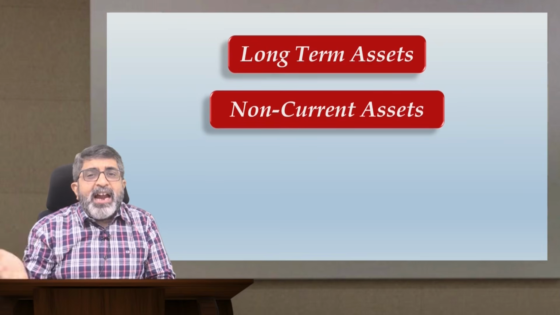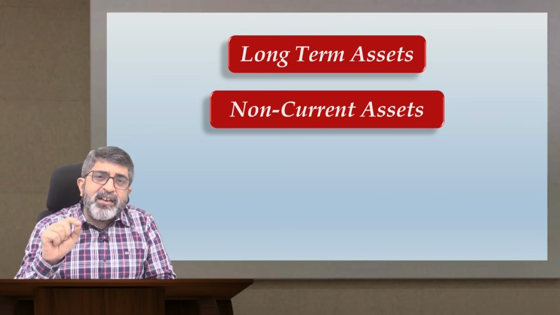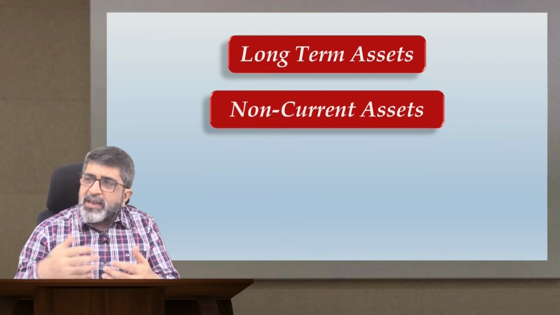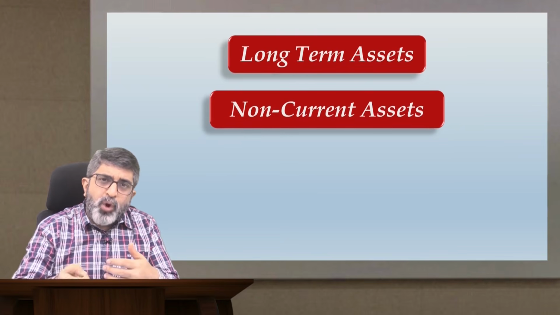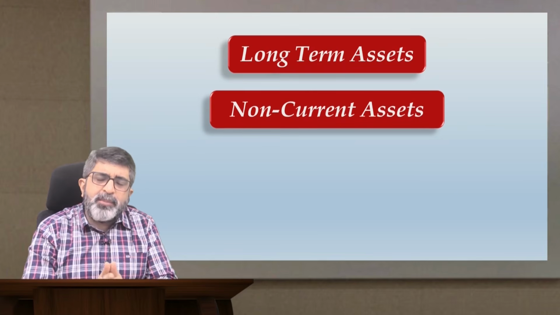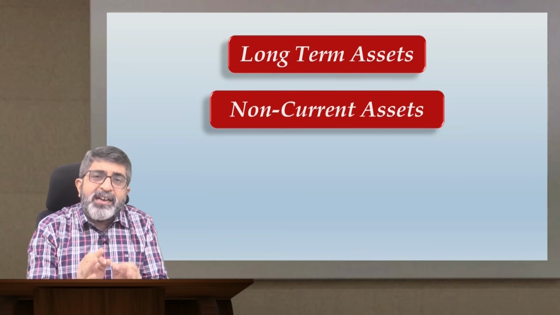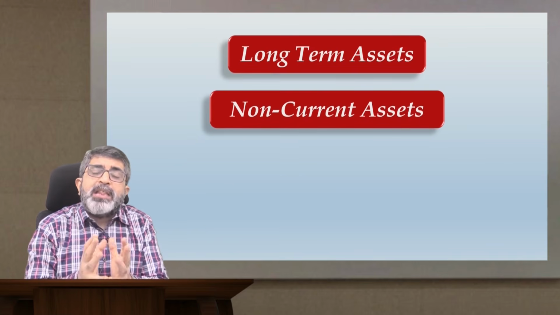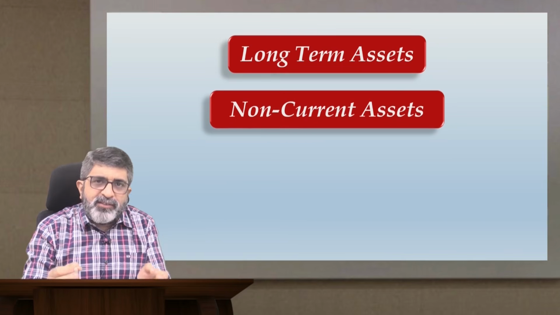Then we have another category of long-term assets or non-current assets titled as intangible assets. Now when we go into the topic intangible assets, I'll explain to you what exactly an intangible asset is, but basically you should have a simple idea about intangible assets very clear. Intangible assets are assets without any physical form or without any physical substance.